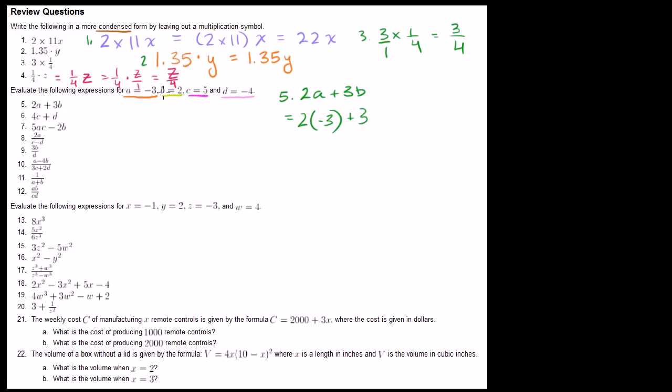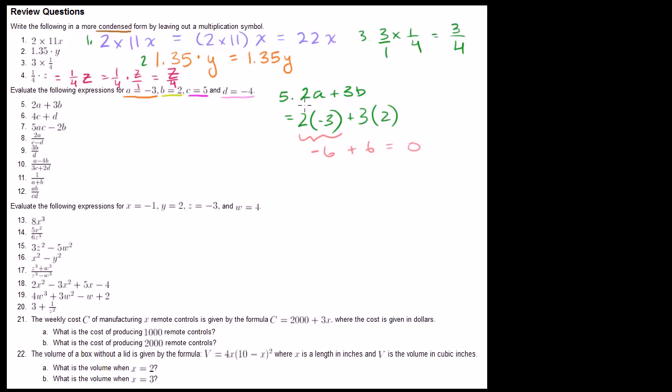They're telling us that b is equal to 2. So 3 times 2. And what is this equal to? 2 times negative 3 is negative 6, plus 3 times 2. 3 times 2 is 6. That's positive 6. So that is equal to 0.